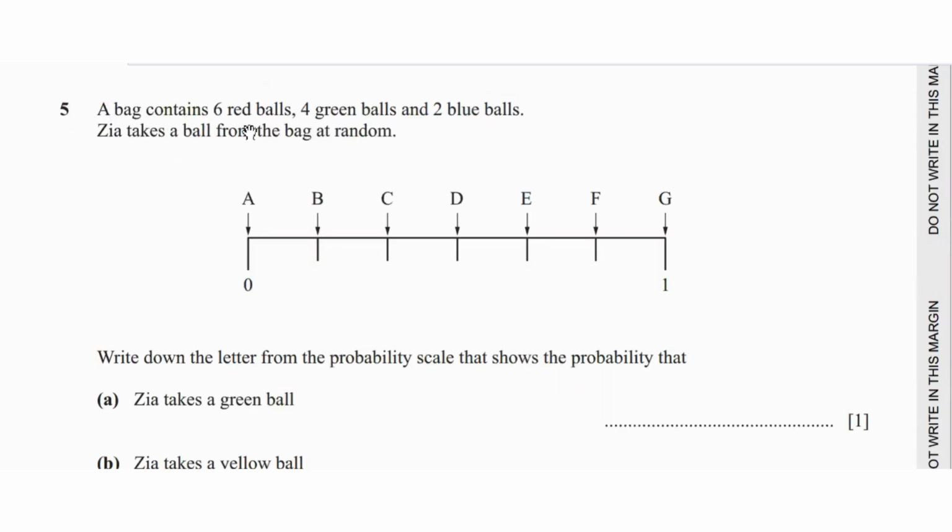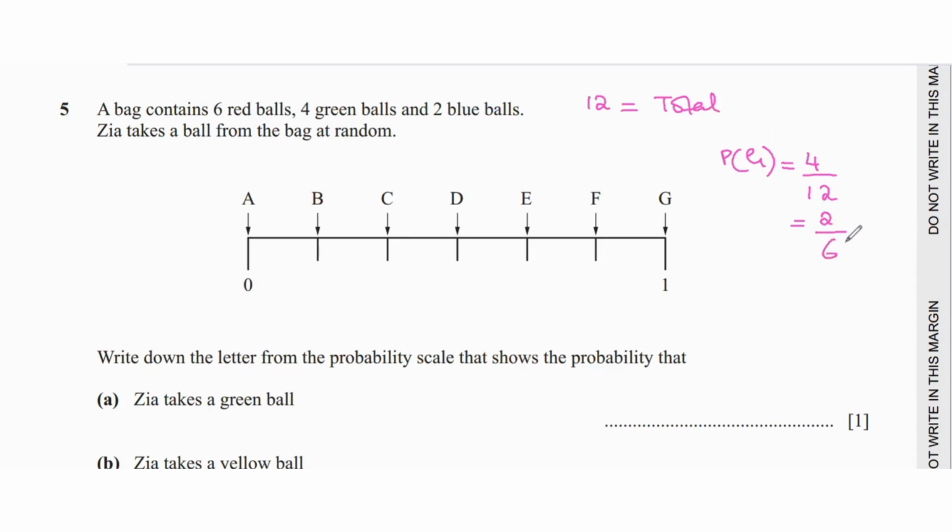Question 5 says the bag contains 6 red balls, 4 green balls, and 2 blue balls. Zaya takes a ball from the bag at random. Write on the letter from the probability scale that was the probability that Zaya takes a green ball. So there are 4 green balls, and the total balls are 12. So the probability of getting a green ball is going to be 4 over 12, which simplifies to 2 over 6.